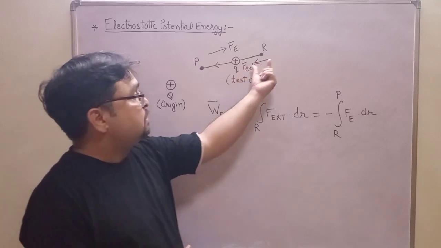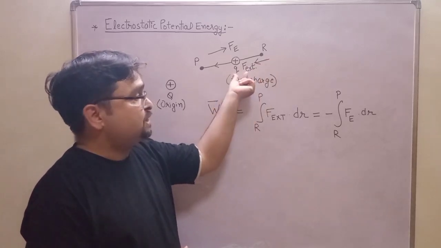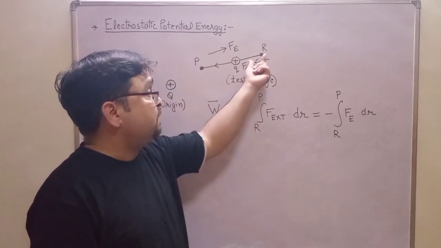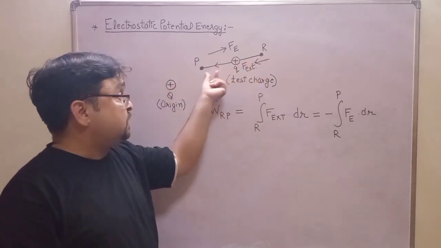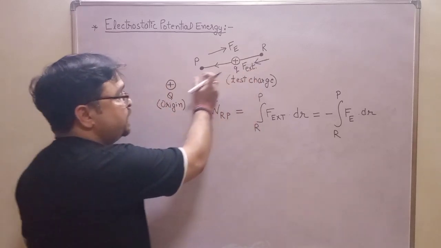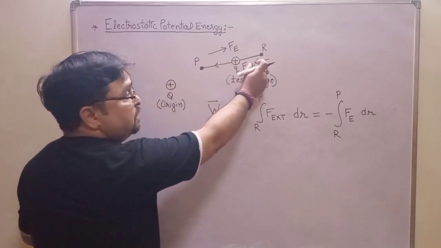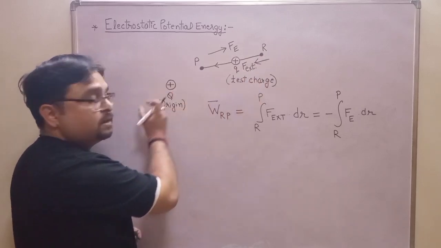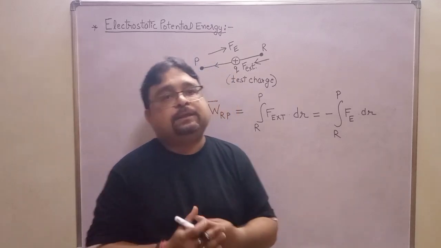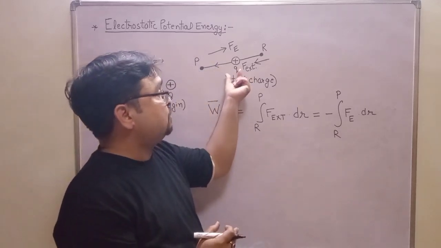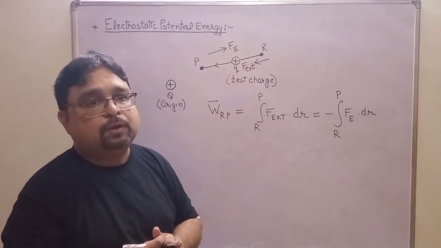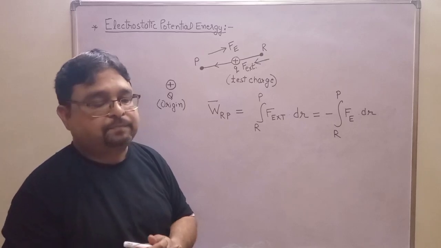So when we do some work on this test charge, the work can be increased by moving it further closer to this capital Q. So if you keep on moving it towards capital Q, you are actually increasing the work done. And as you increase the work done, the electrostatic potential energy of this charge small q will also increase.